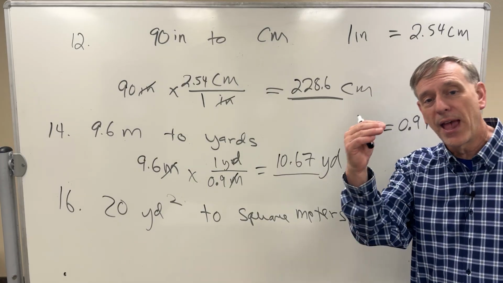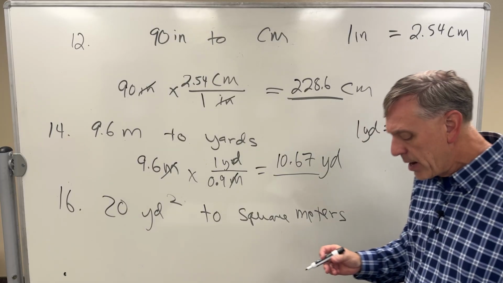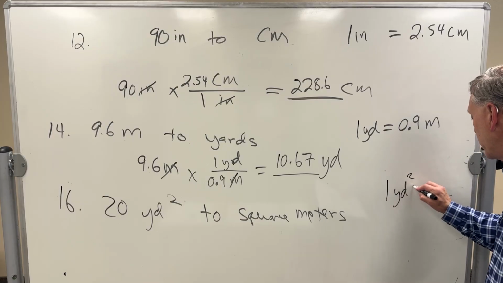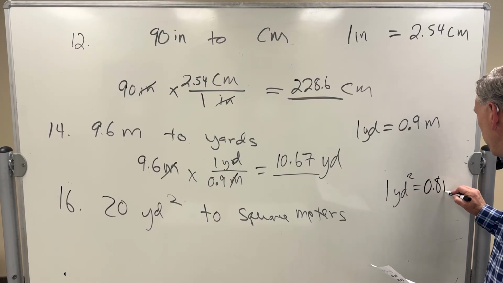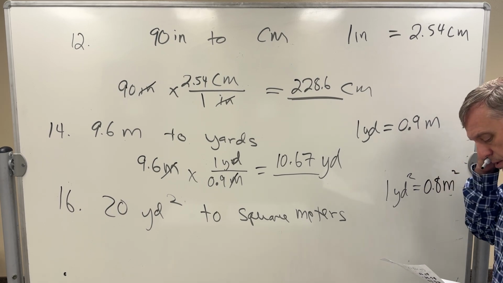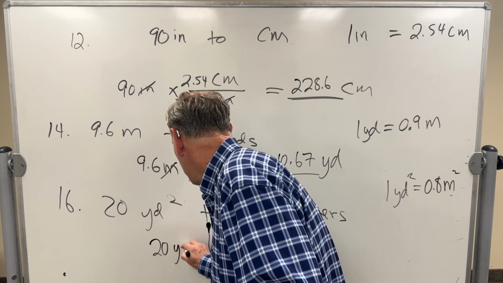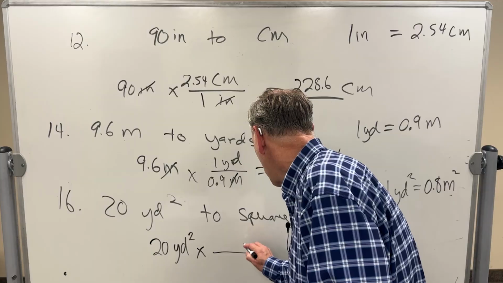You've got to look in the area section of the table. And so when you look in the area section of the table, you're going to find that 1 yard squared is actually equal to 0.8 meters squared.